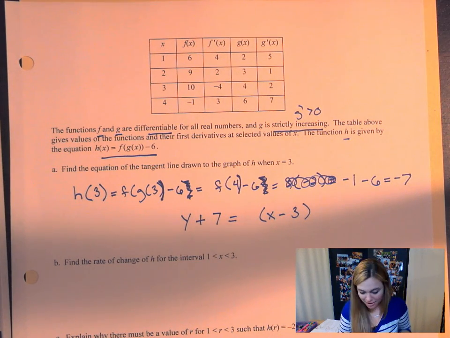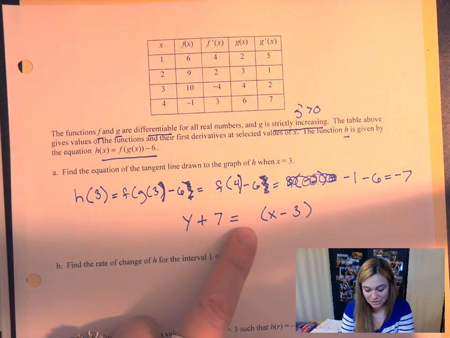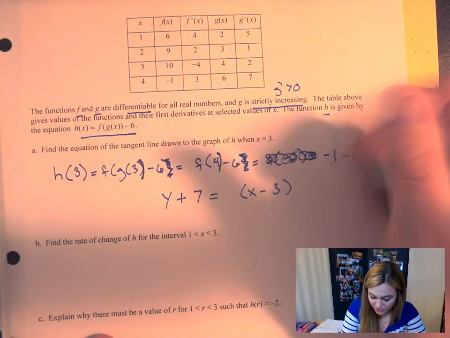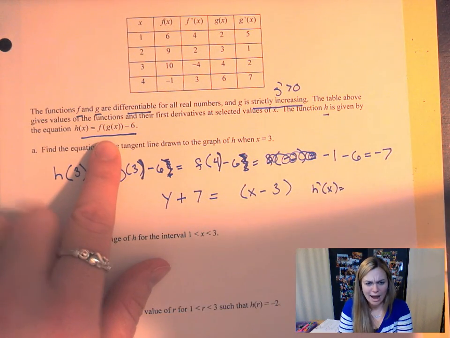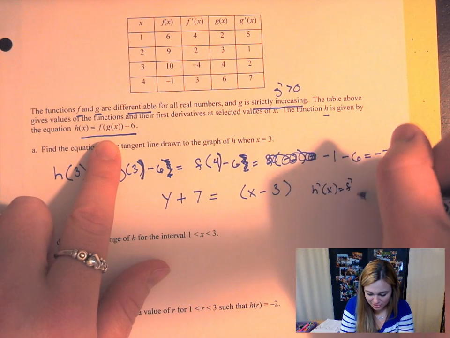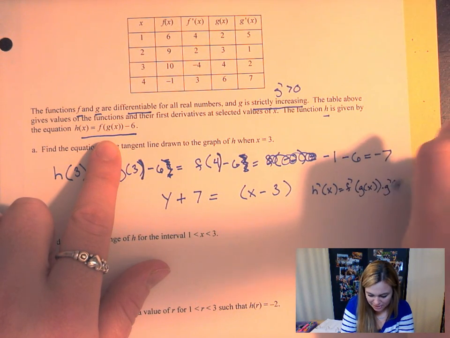Keep going. The next thing I want to find is the slope of the tangent. The slope of the tangent is also known as the derivative. So h prime of x. Wow. The derivative of the outside, chain rule, leave the inside alone, times the derivative of the inside.